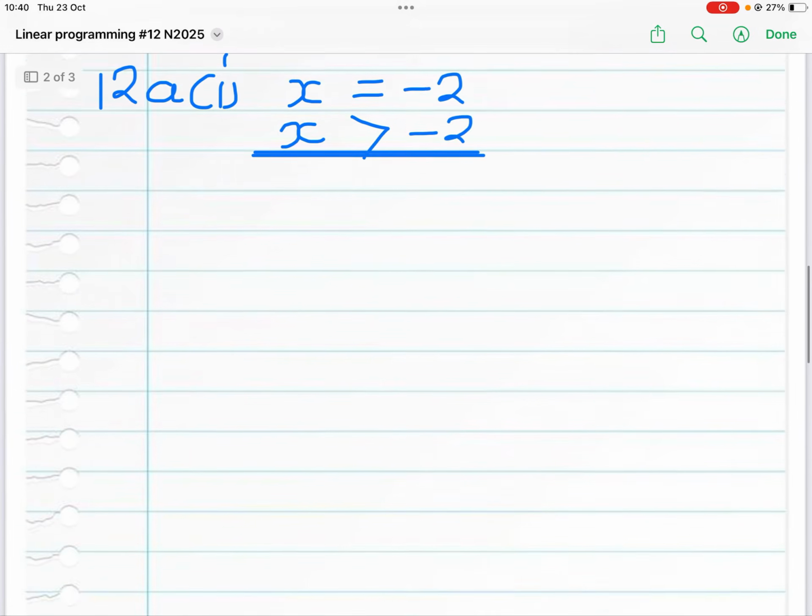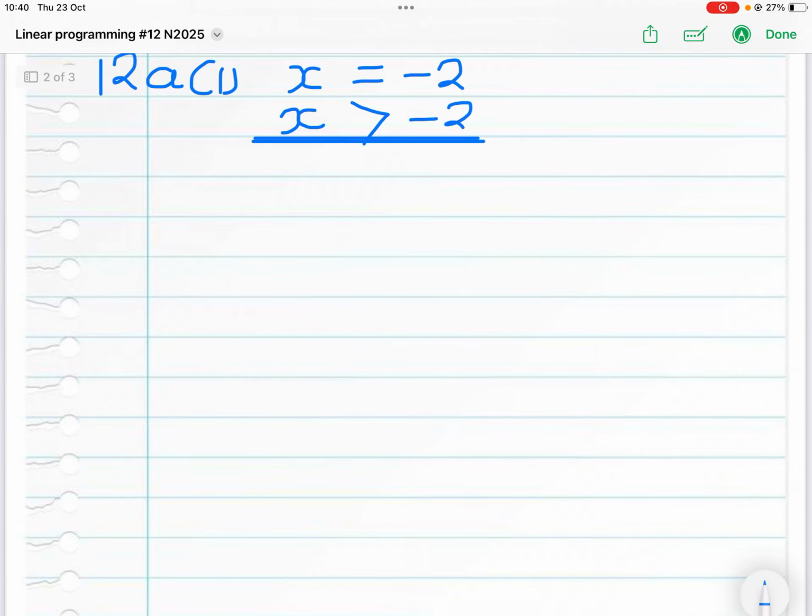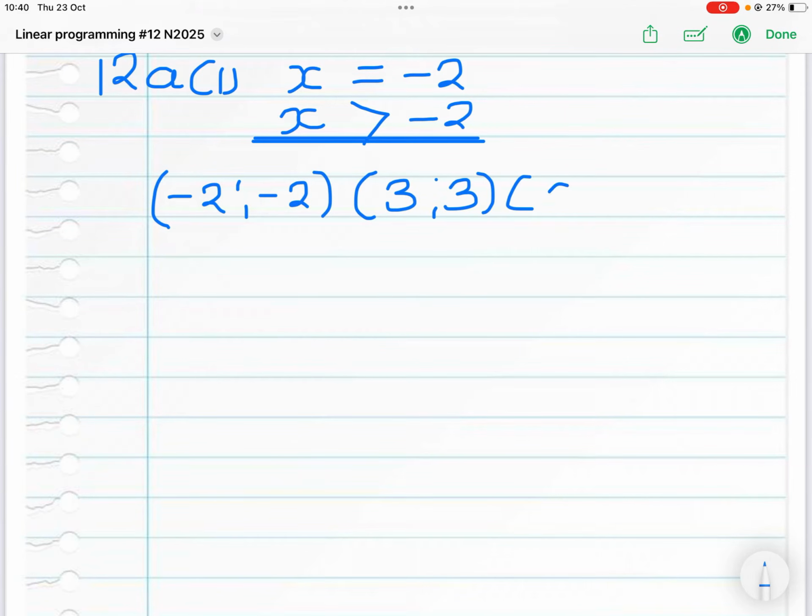So if we want to find the equation of the line, this is what we do. We have the coordinates -2, -2, and also 3, 3. We also have the coordinate 0, 0.